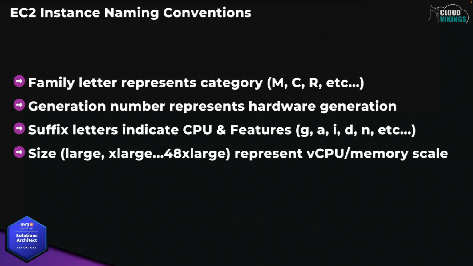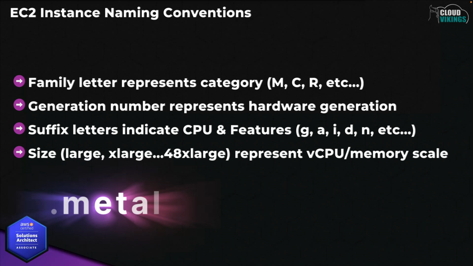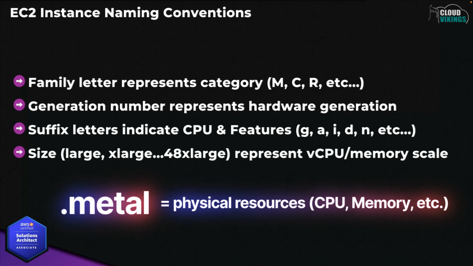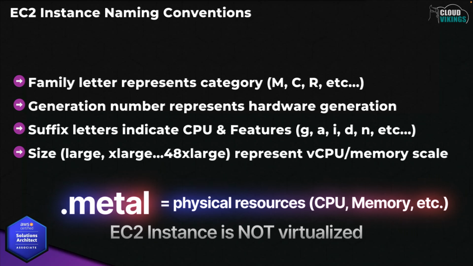Now there's also kind of a special instance type size called .metal, which means you're essentially using the whole physical machine. These are a type of Amazon EC2 instance that provides direct access to the physical hardware resources of the underlying server without really any virtualization layer. These metal instances allow applications to run directly on the hardware, giving AWS customers complete control over that server's resources.